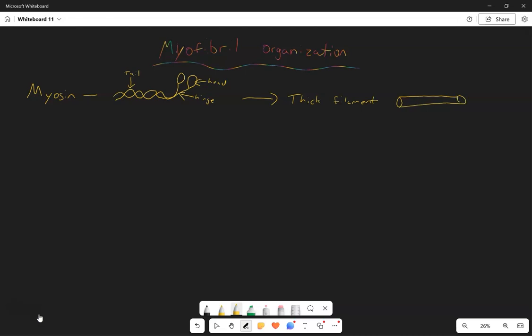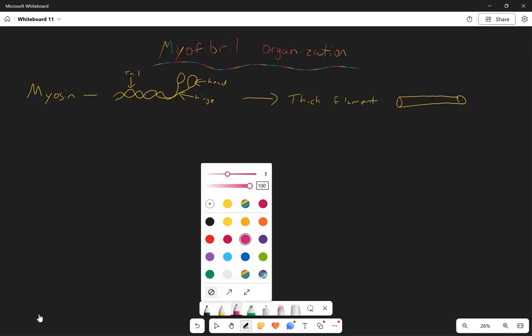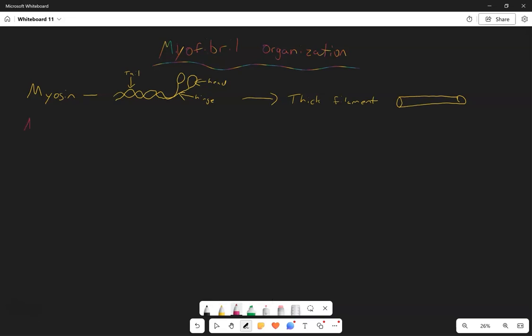The other protein that is of importance is actin. Actin contains what we call G-actin, which is globular actin, but that then combines on something known as nebulin to make what we call F-actin.